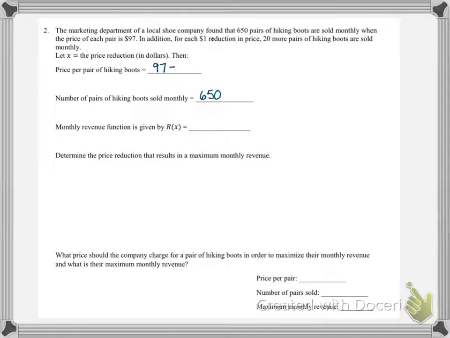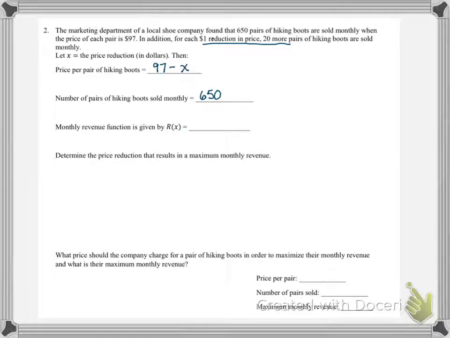So 97 minus, and how much am I lowering the price by? Every time I lower the price by $1, this information tells me how many more pairs of hiking boots. But if we just lowered it by $1, we could say the price is 96, I'm done, right? What is x? The price reduction. So how much am I lowering the price by? x, yep.